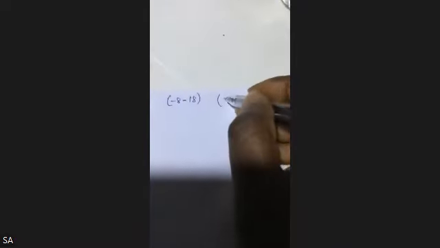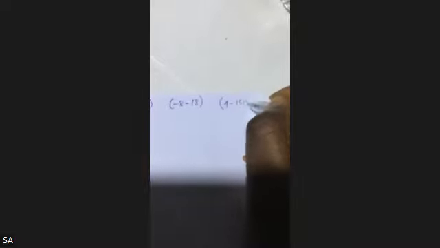Close the bracket. Then 4 times minus 2 is minus 8, minus 4 times 2 is minus 8. Open bracket. Minus 8 minus 3 times 6 is 18. Close bracket. The third part, open bracket: 4 times 1 is 4 minus 15.